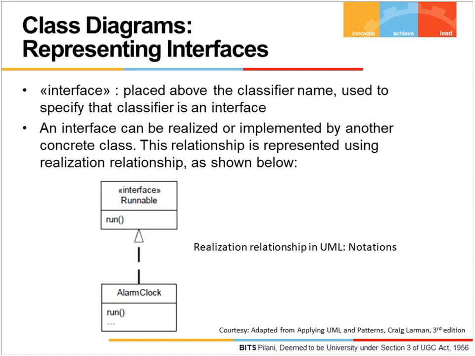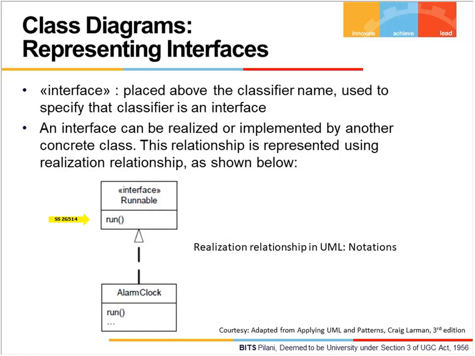So I might have an interface, and there would be another class which implements this particular interface. So this is another kind of dependency relationship that a class has with an interface.